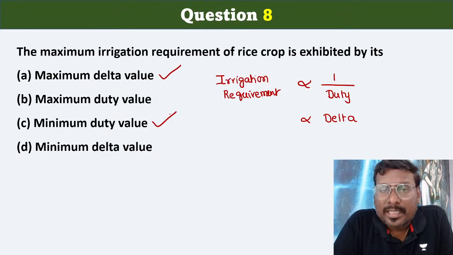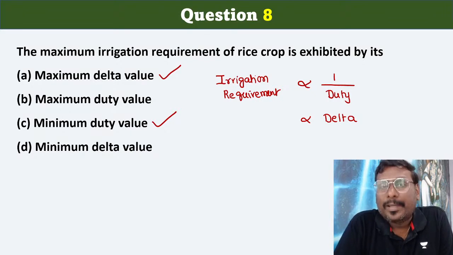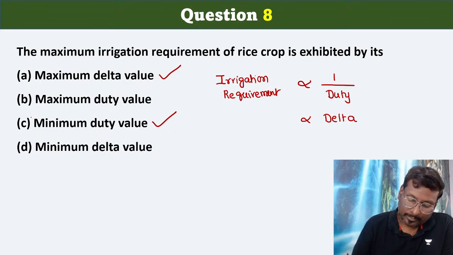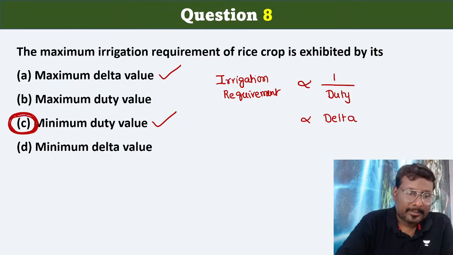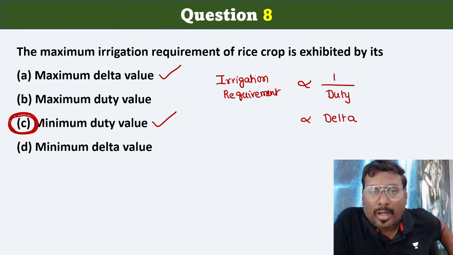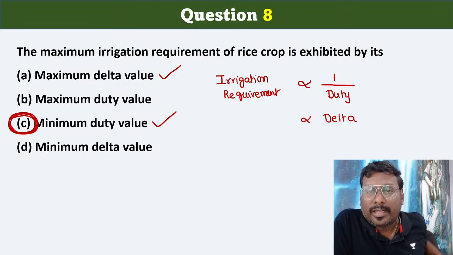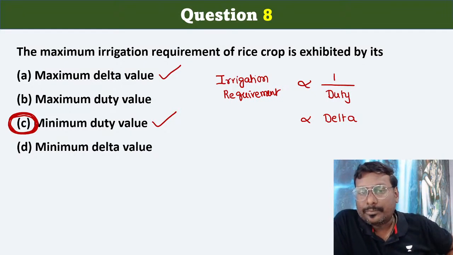So if you want to select only one out of the two, please select duty. Only one is accepted. MSQ not given, MCQ given, only one you have to select. Select C only, because delta also depends on duty.